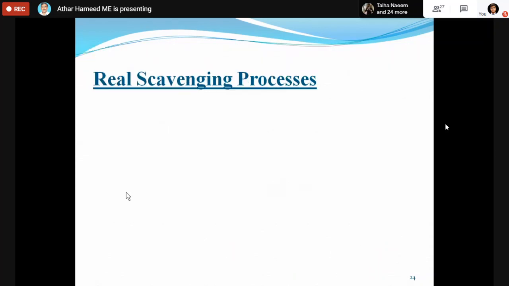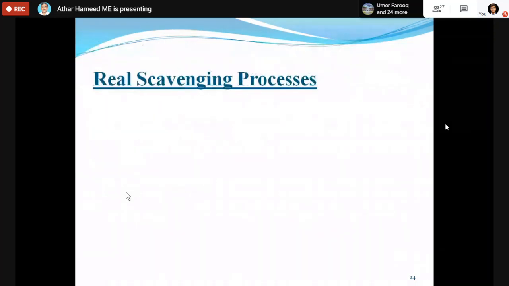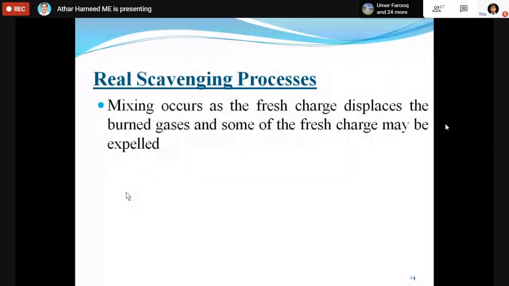Then in the real scavenging processes, these are the relations we have just discussed. Now what happens in real scavenging processes? Mixing occurs as the fresh charge displaces the burned gases, and some of the fresh charge may be expelled. In reality, some of the fresh charge will be expelled, right?